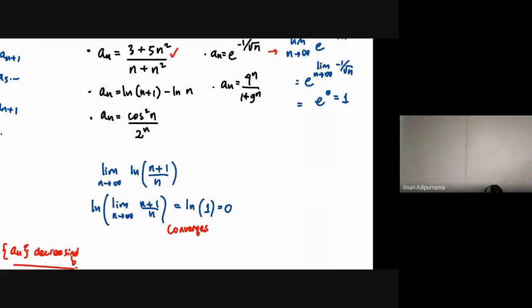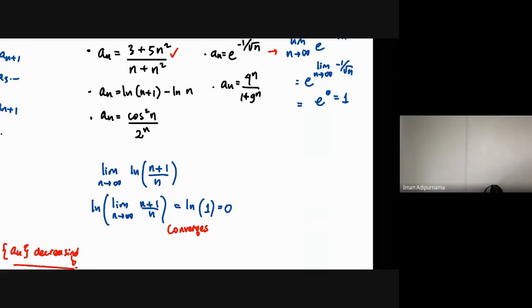Now how about the last one here? Cosine squared n over 2 with the power of n. Does it converge or diverge? And how do you find out? Yeah, how do you get this?